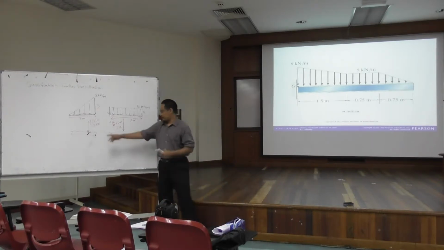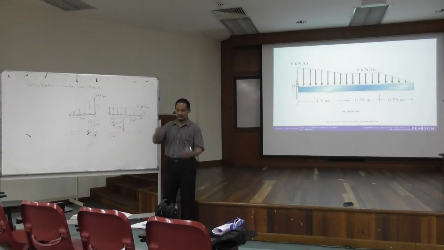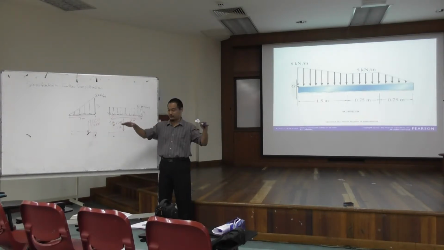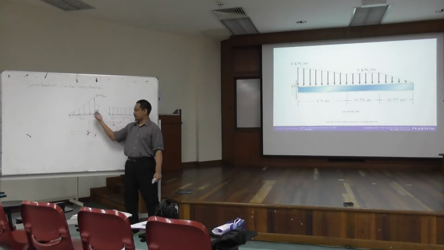What will be the location? This one is easy to understand, right? It should be in the middle if it's distributed evenly. This one, if it's distributed like that, logically is it closer to the right or to the left or straight in the middle? To the right.